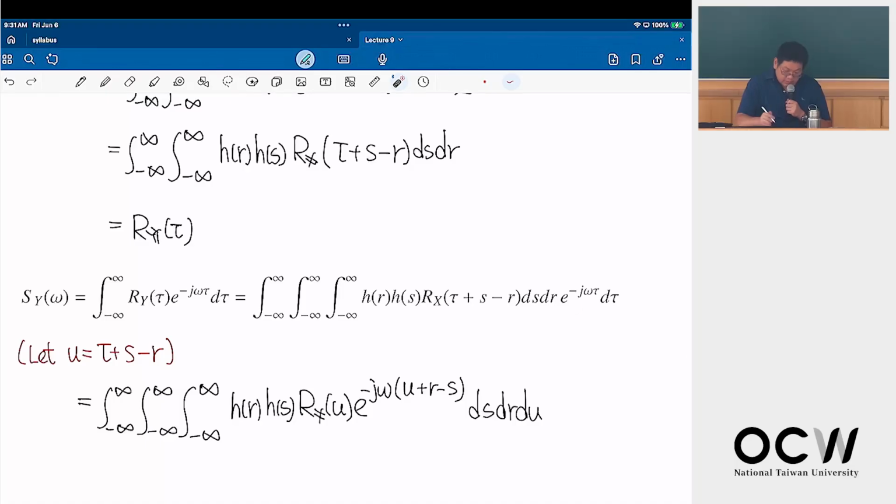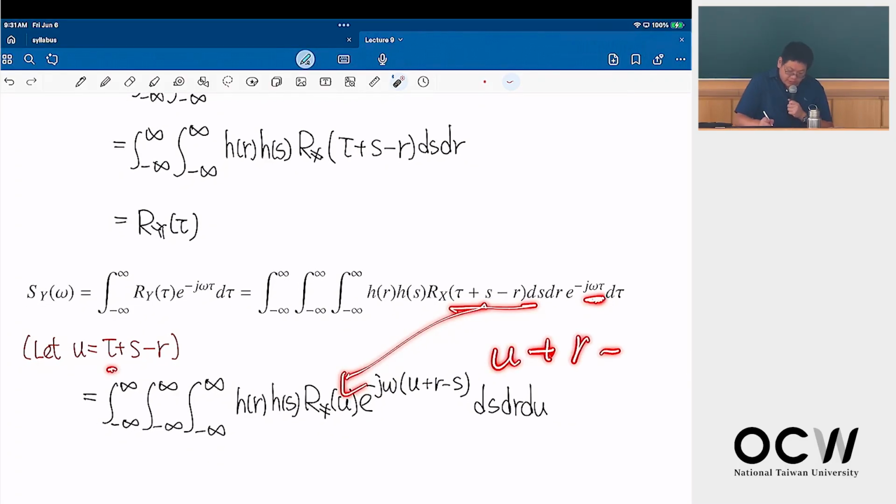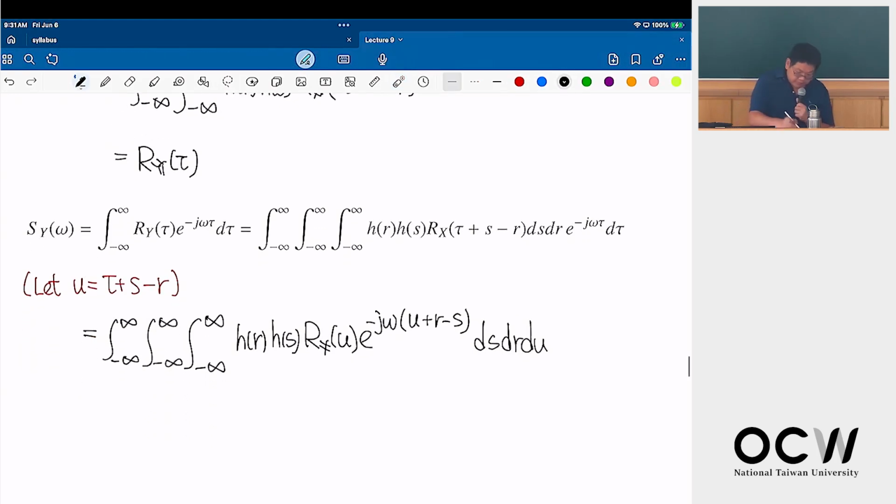Okay, so here this one becomes u, and then tau will be u plus r minus s. Then we can separate. First, for h of r, we have exponential e to the j omega r.